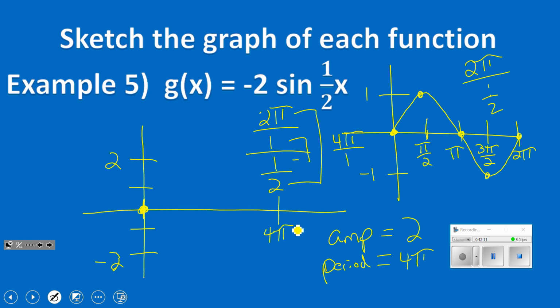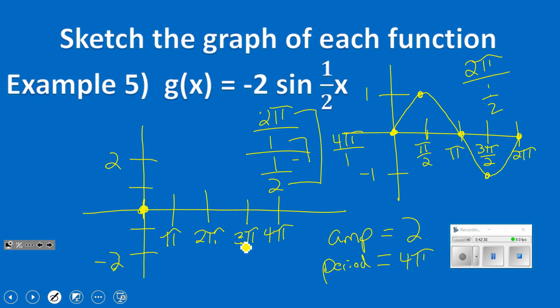So I'm going to split this into 4 equal parts. Halfway would be where? What's half of 4 pi? 2 pi. And then half of that is pi, and then 3 pi. And that's equal increments: 1 pi, 2 pi, 3 pi, 4 pi.